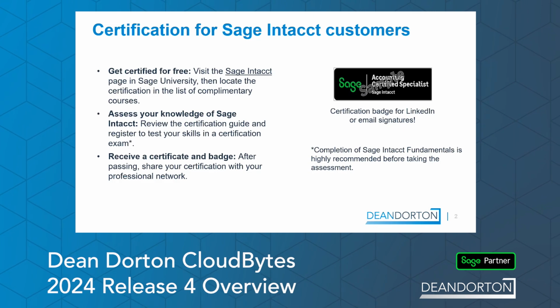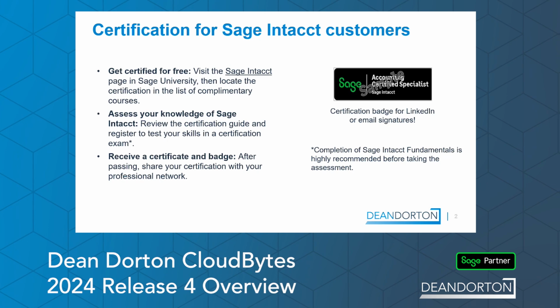So I'm going to start things off with a little bit of a note to make sure that all of our Sage Intacct customers know that you can become a certified specialist on Sage Intacct. In case you had not heard, it is a free certification, so there's no fees involved. It goes through Sage University and the Sage Intacct page.